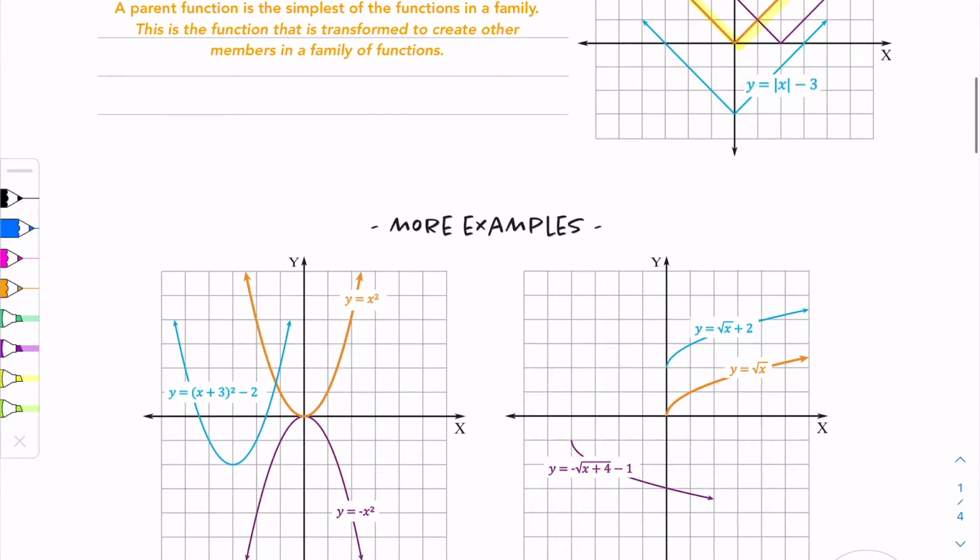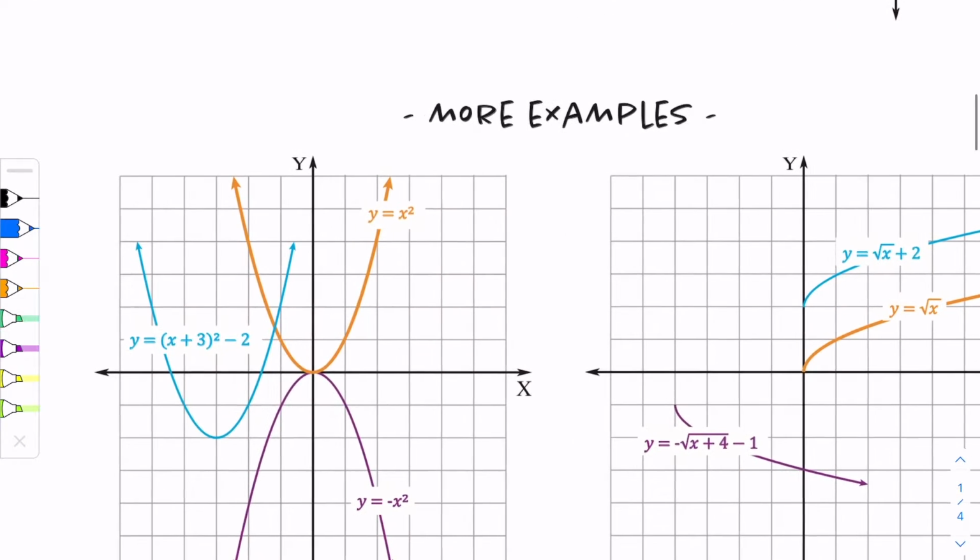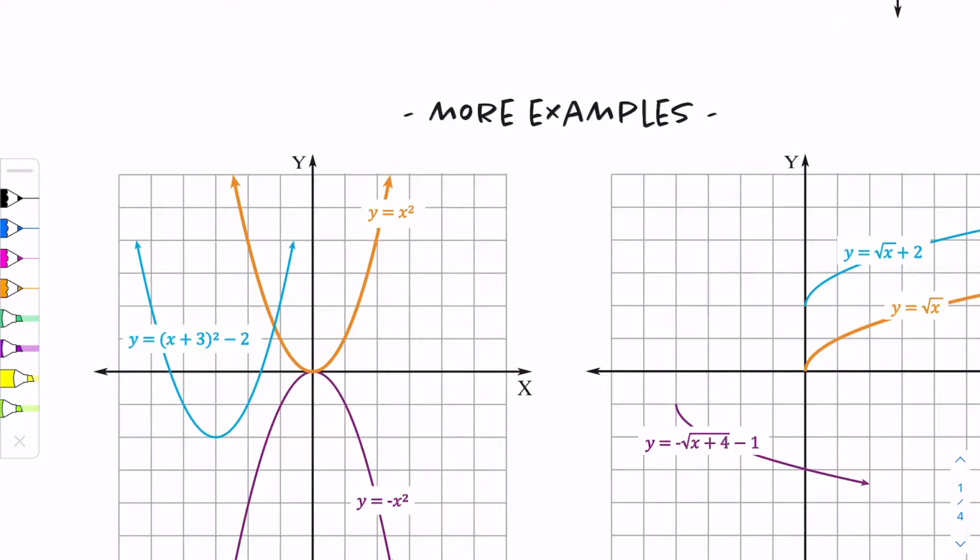If we look at two more examples, we have this here where we have y equals x squared, then we have y equals (x plus 3) squared minus 2, that's the blue graph, and then the purple graph is y equals negative x squared. Hopefully you all recognize that y equals x squared is the most basic, therefore it's the parent function.